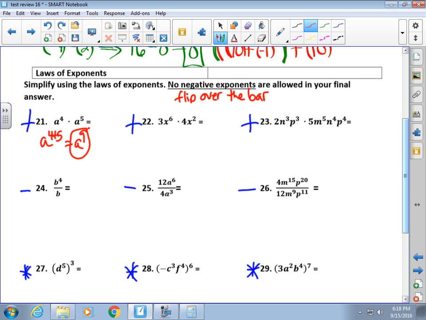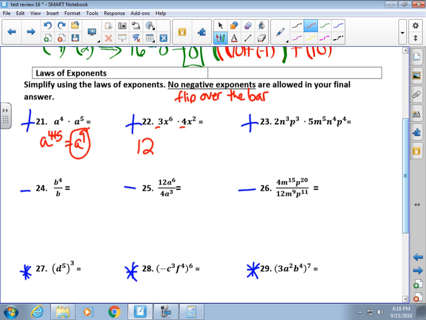22. I have 3 to the power of 1, x to the power of 6, 4 to the power of 1, x to the second power. Well, since 3 and 4 are constant numbers, they're already simplified. I can do 3 times 4. 3 times 4 is 12. All right? Then I have x to 6, x squared.